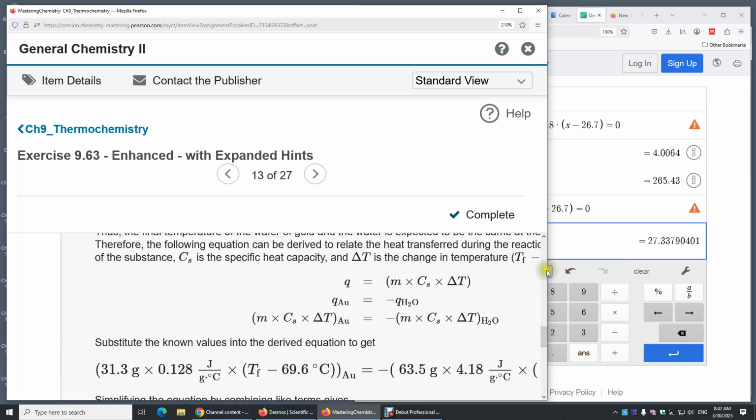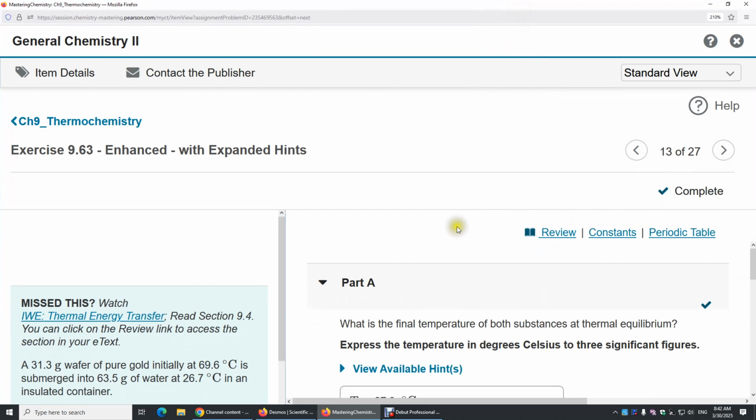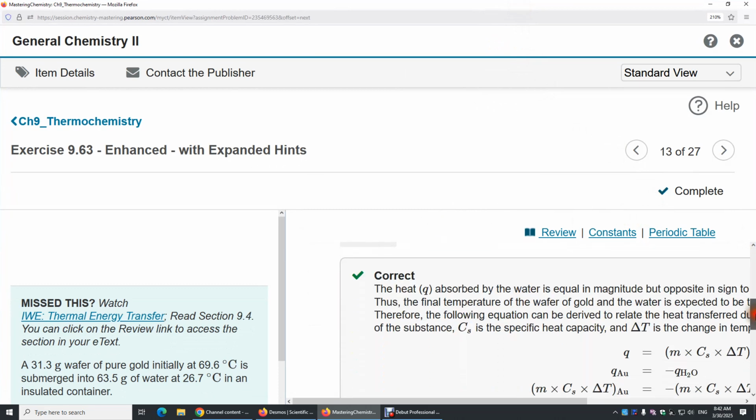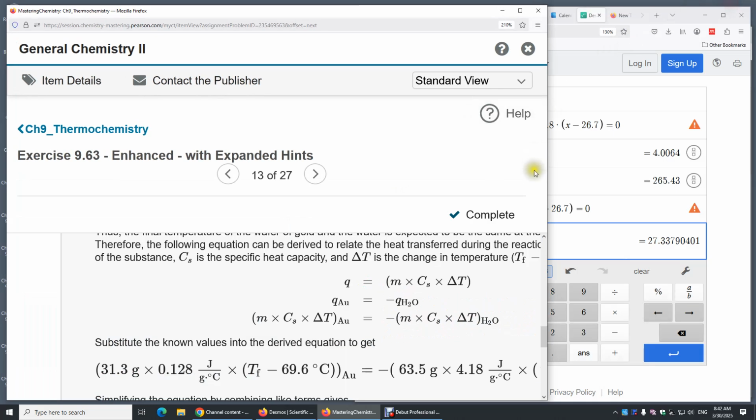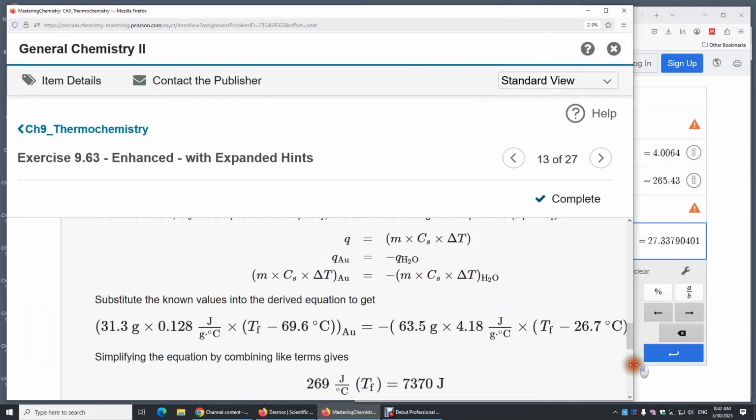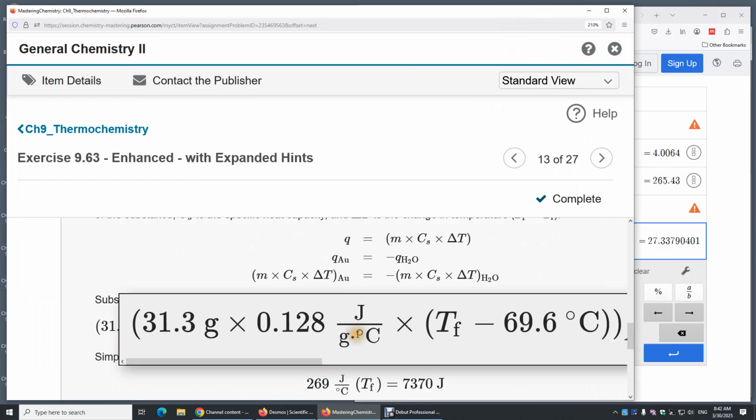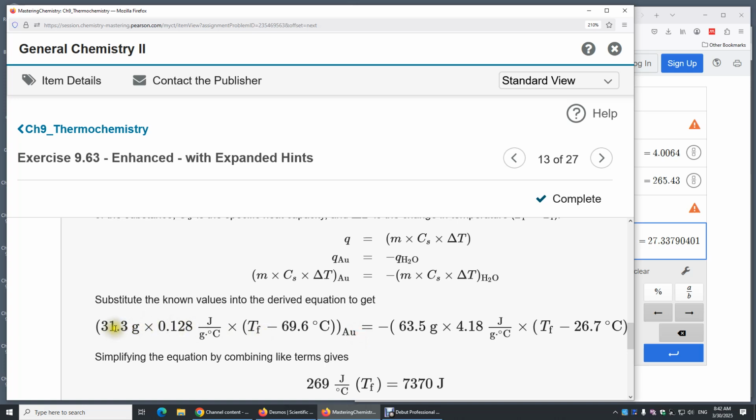Okay, now quickly we'll look at Mastering Chemistry here. So the equation is this for gold. They have mass of gold, C sub S of gold, and the temperature change of gold.